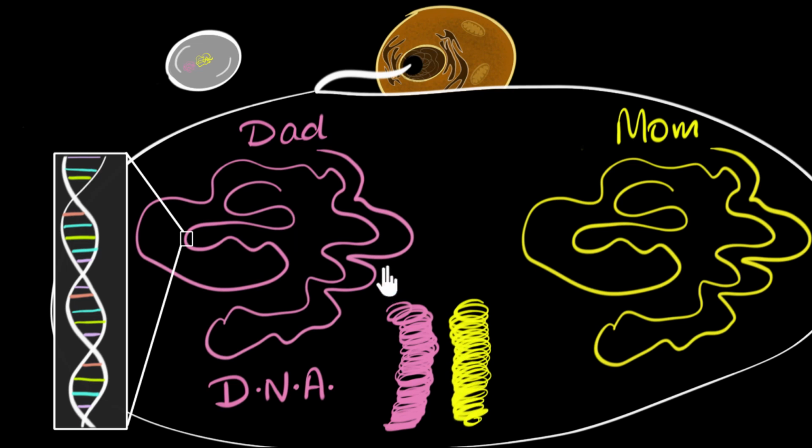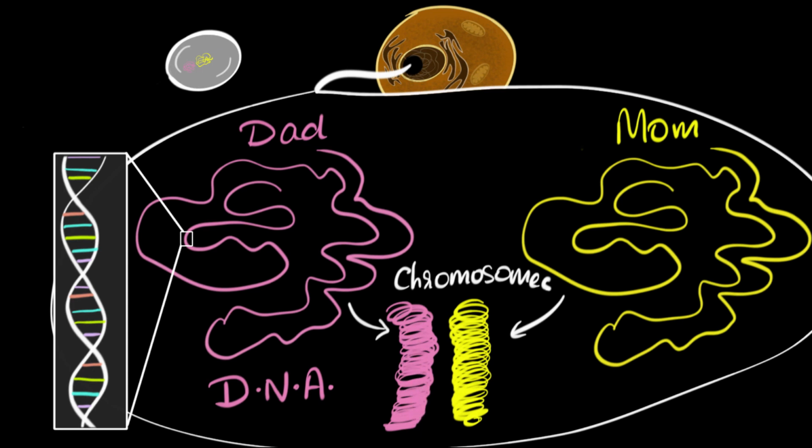But anyways, this coil of DNA is what we call chromosomes. Chromosomes are basically coiled up versions of the DNA. And this is why most of the time we use the word chromosomes and DNA interchangeably. Okay?